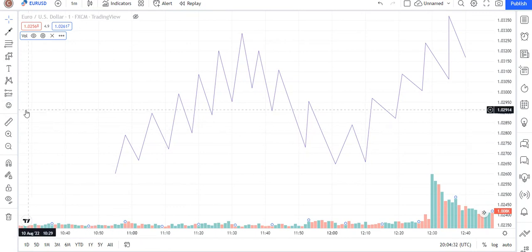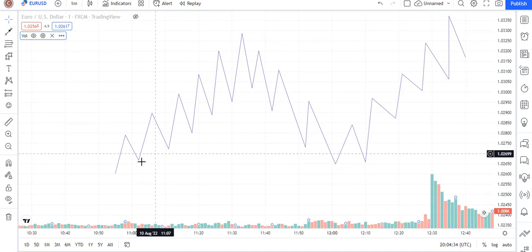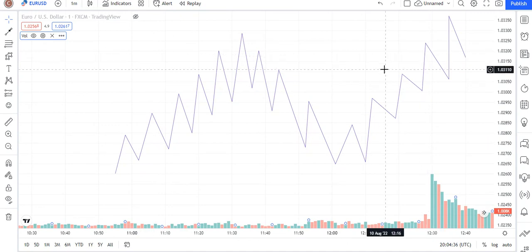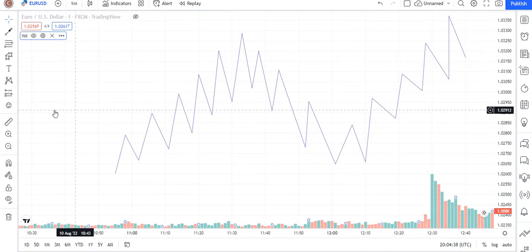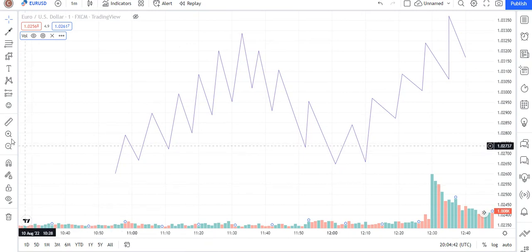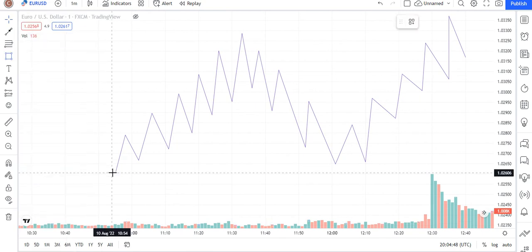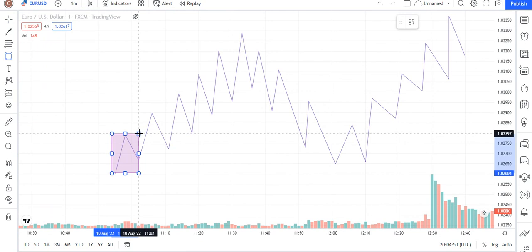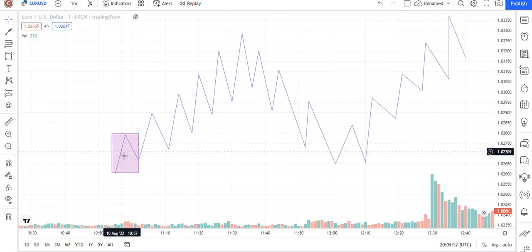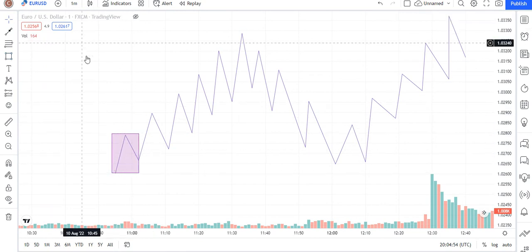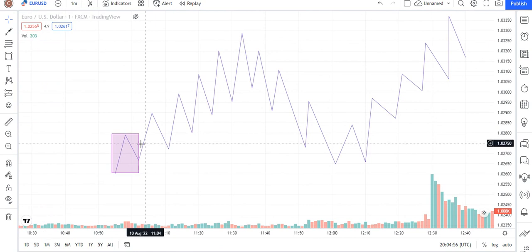Okay, so the range. Imagine we are looking at this whole structure now. What is the smallest unit, the smallest piece? The smallest piece will be when the market goes up then down. So just this part is our range. This up then down is our range. So that means that a range looks like this.